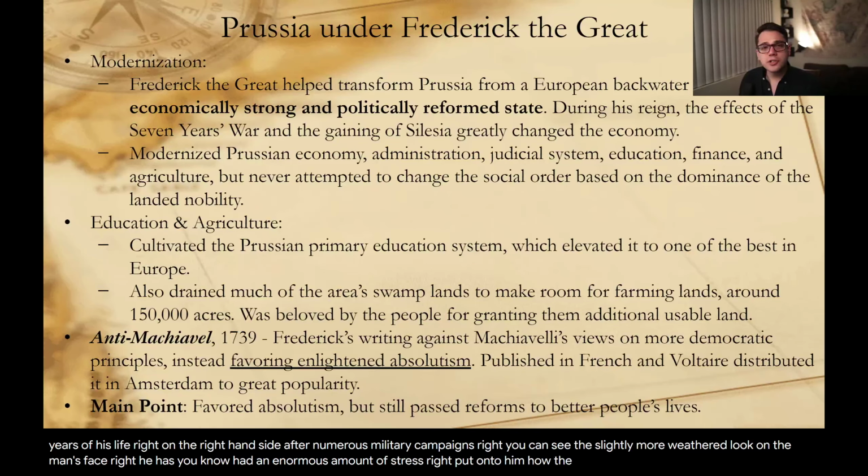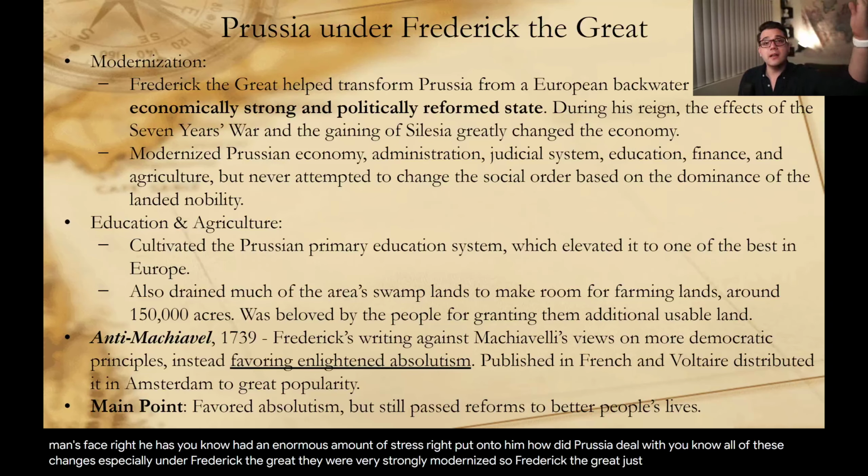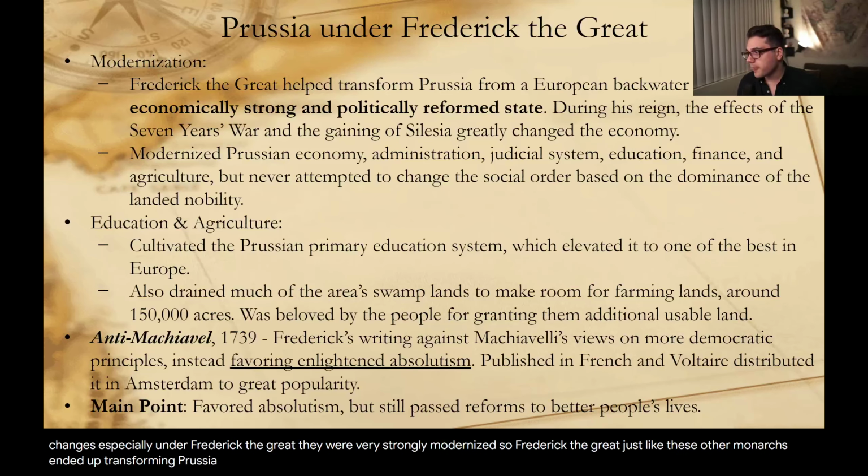But how did Prussia deal with all of these changes, especially under Frederick the Great? They were very strongly modernized. Frederick the Great, just like these other monarchs, ended up transforming Prussia from a backwater location into a powerful economic and political state.